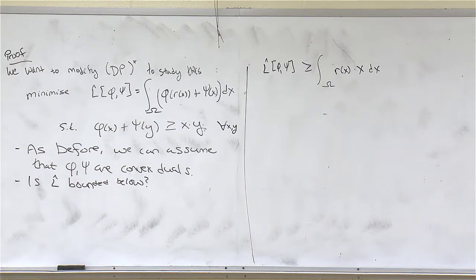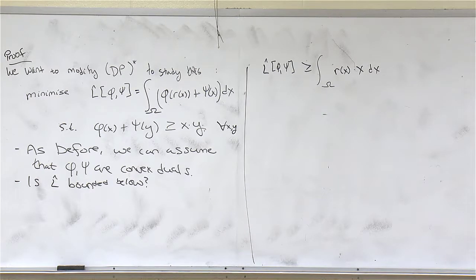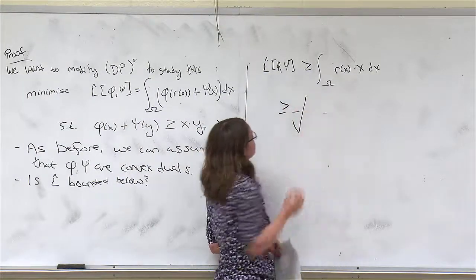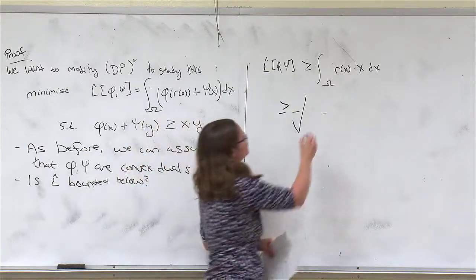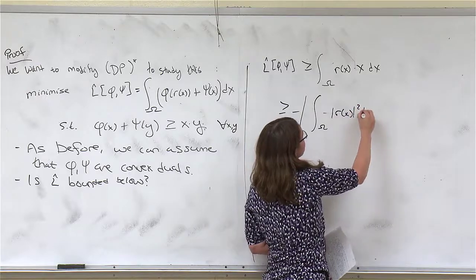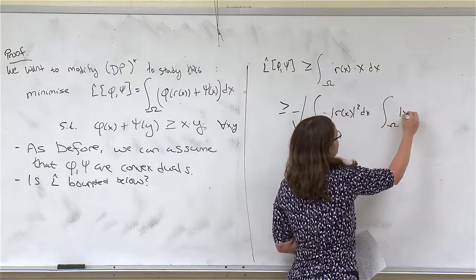And how do you place bounds on an object like that? Cauchy-Schwarz, exactly. So this is greater than or equal to minus the square root of, we integrate r of x squared, and we integrate x squared.